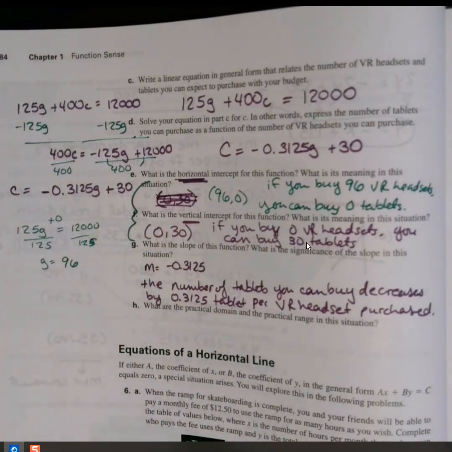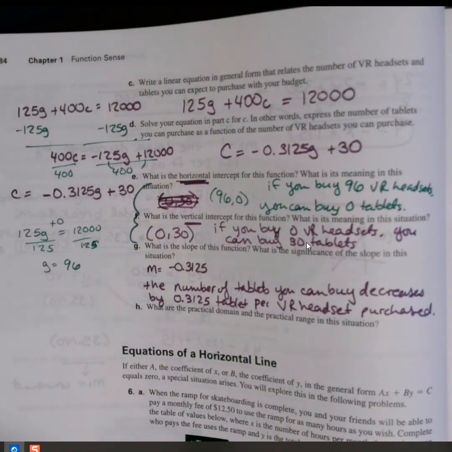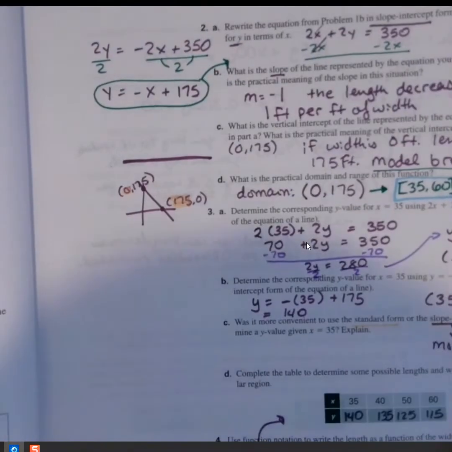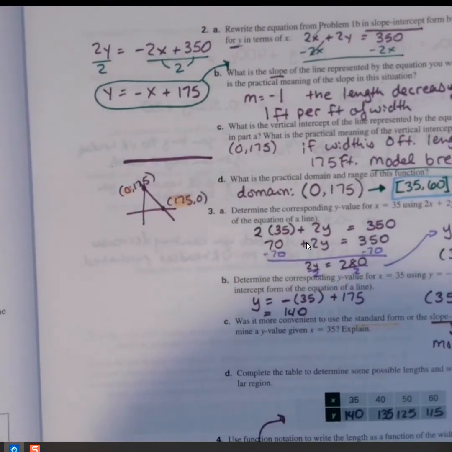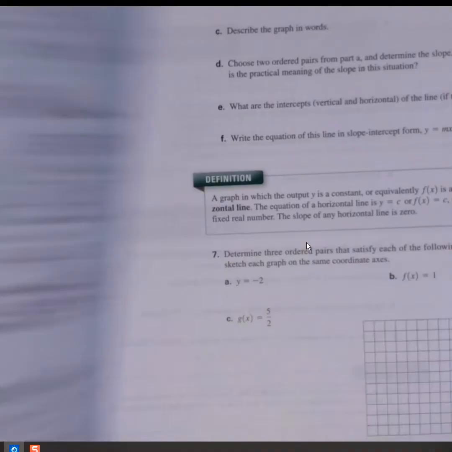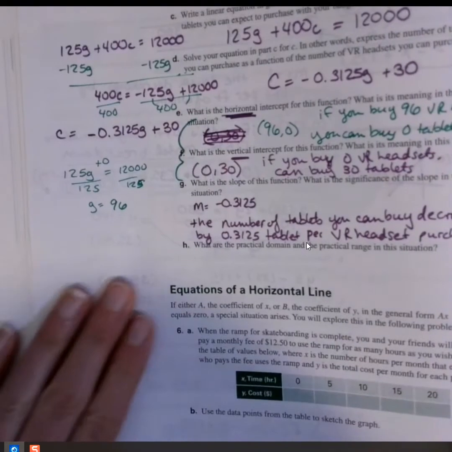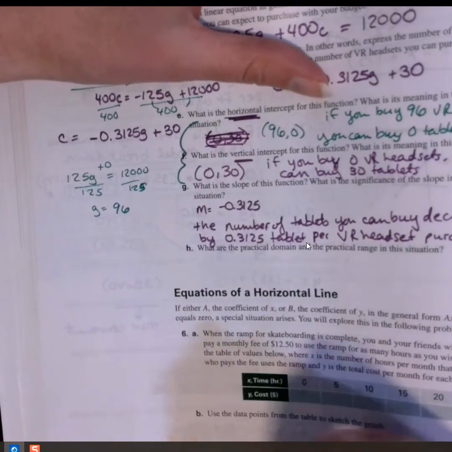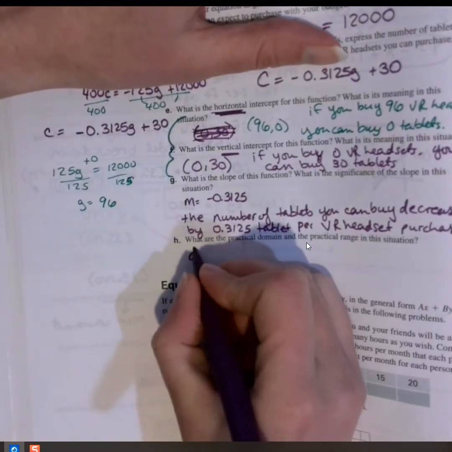Practical domain, practical range. Okay, I'm going to check our situation again. I don't believe that they gave us any criteria for the minimum number of each one to buy, and I do not see that in number 5. So we are going to use our intercepts to help us with the domain and the range.